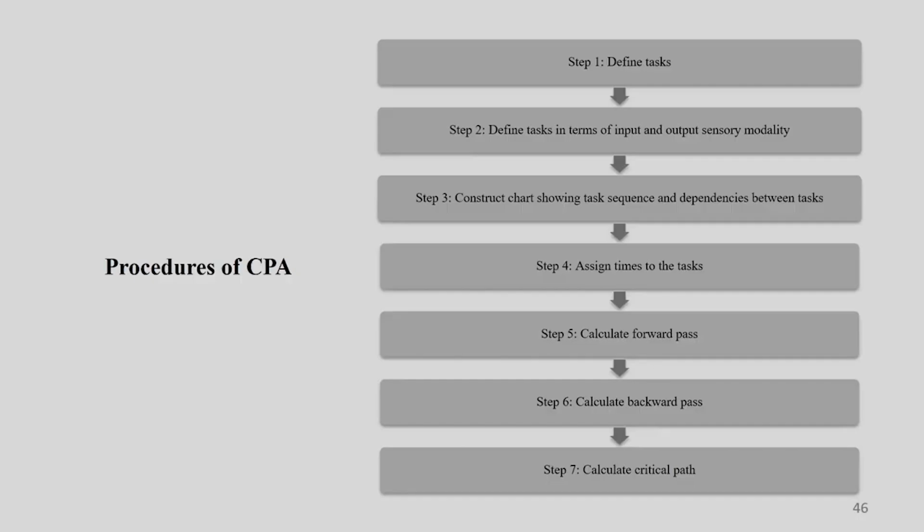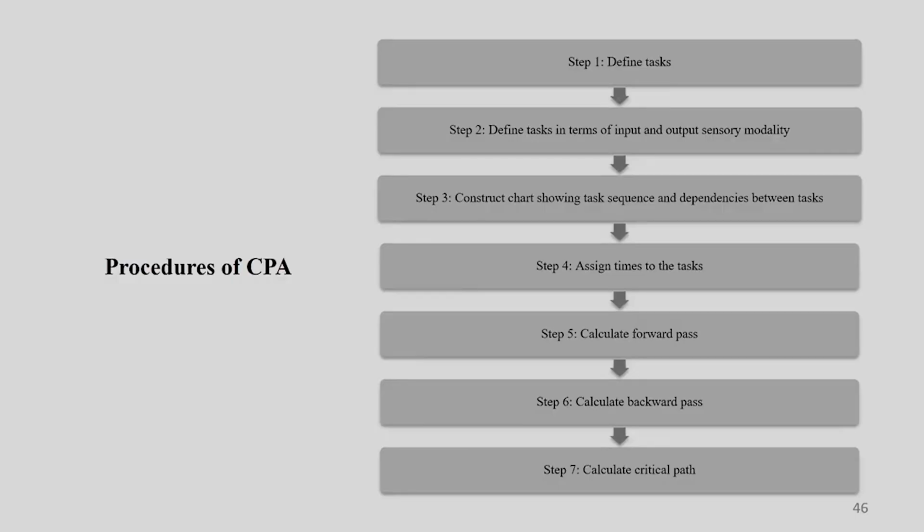Once we assign the numbers, in minutes or seconds, whatever unit you are using, you have to calculate the forward pass, because from one task to another, how it is getting forwarded, and the backward pass, because in a particular system there may be a feedback mechanism. When information is passing from one task to another, how is it happening, and how is the feedback coming back to the other task? So calculate the forward pass and the backward pass.